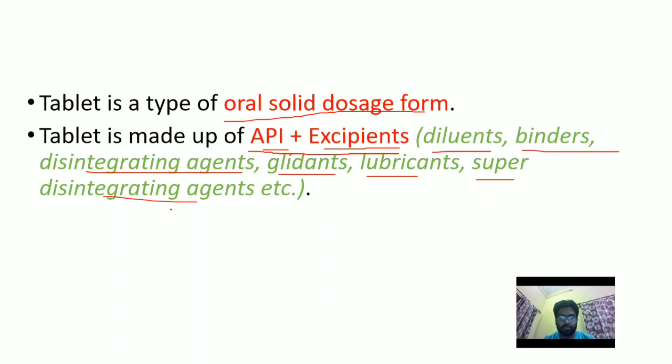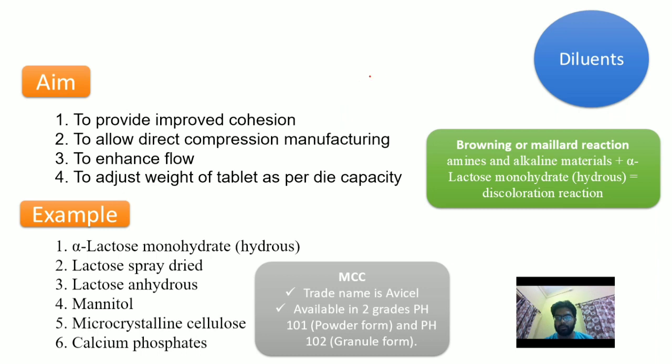So, coming to the first ingredient, diluent. What is a diluent? See, diluents are also known as fillers, and they are used to adjust the weight of the tablet. Because using only the API you cannot make a tablet.